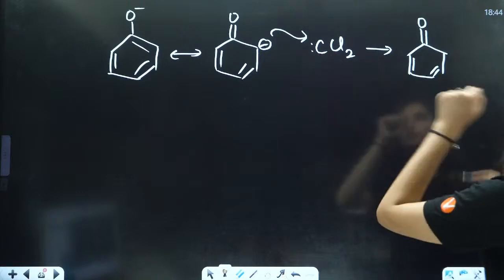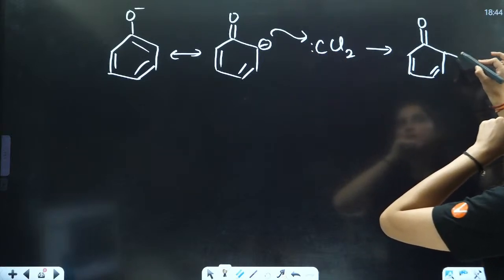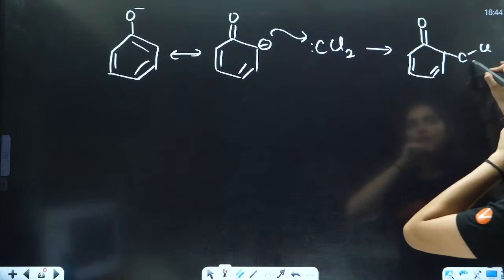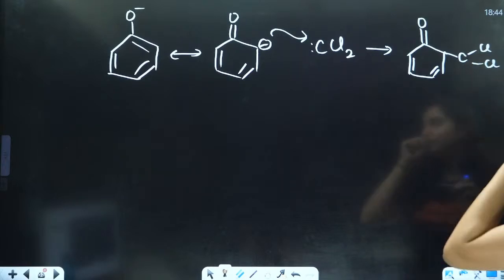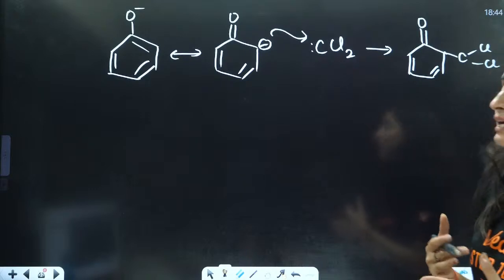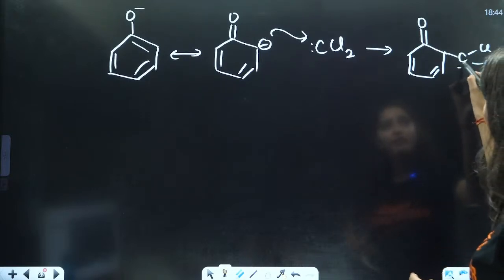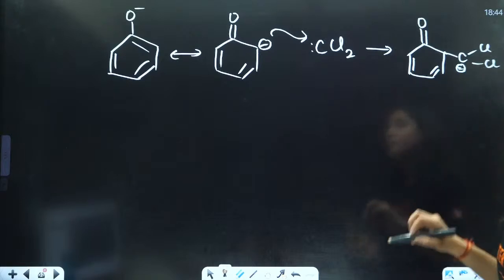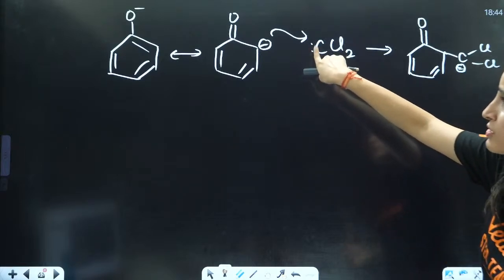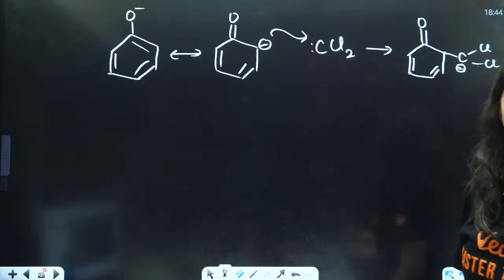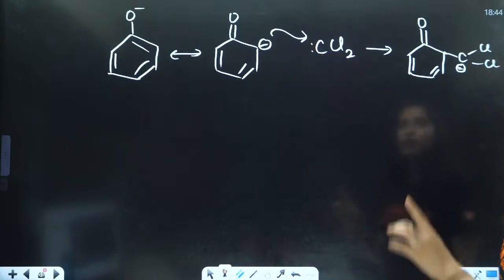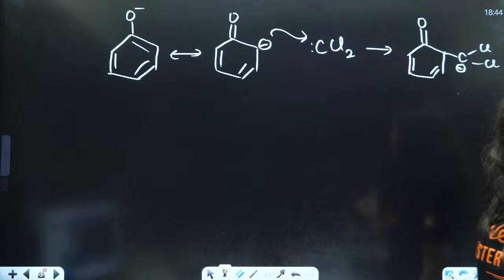Then, because of this thing here, definitely this is CCl, Cl. But this carbon, which is only having 3 bonds here, is going to have a negative charge over here. Why? Because of these two electrons. Understood? Why does this carbon have a negative charge?